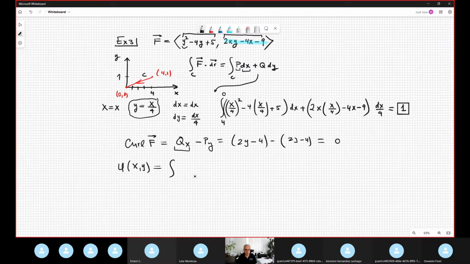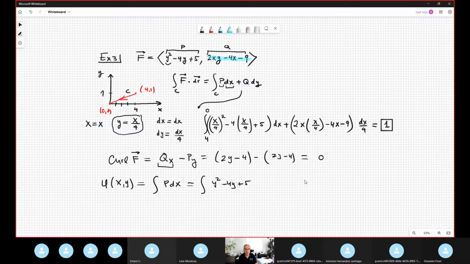So you compute the antiderivative of the first component p with respect to x. It's easy. The antiderivative of the expression p, where p is y squared minus 4y plus 5. This is p, right? Let me copy that. And you integrate with respect to dx.